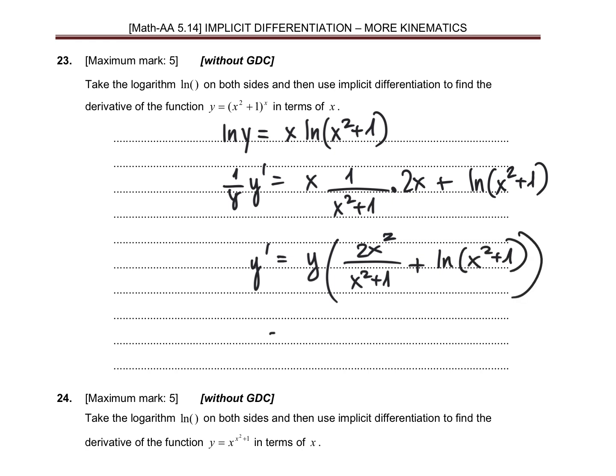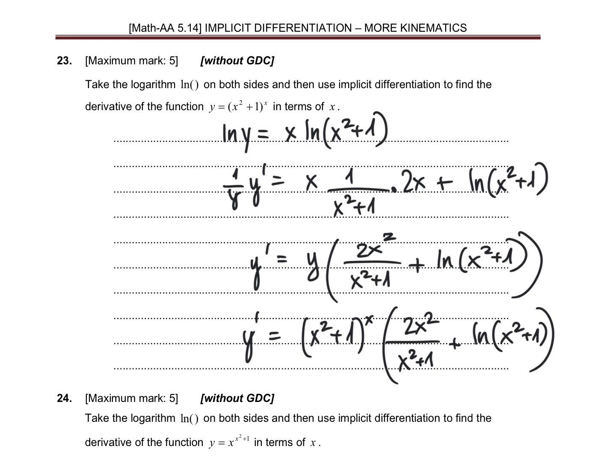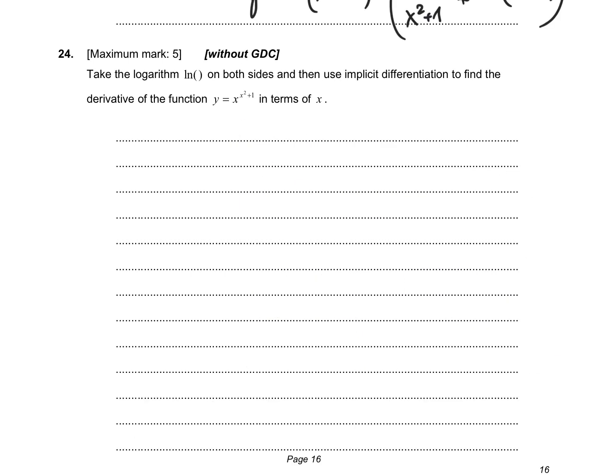And then we have that y is x squared plus 1 to the x, so y prime is x squared plus 1 to the x times 2x squared over x squared plus 1 plus natural log of x squared plus 1. And that's that. 24, same thing.